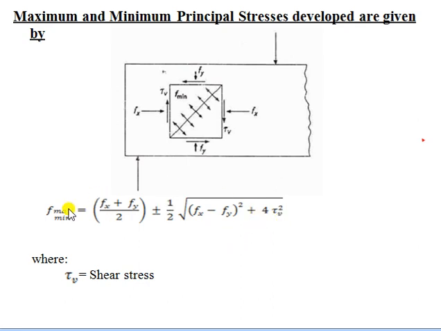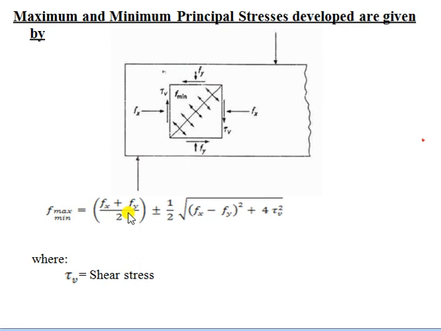So in the question they have given two conditions. The first condition is we should calculate the principal diagonal tension when no prestressing is done. So where no prestressing is done means we are not going to consider this f of x. So no prestressing is done.